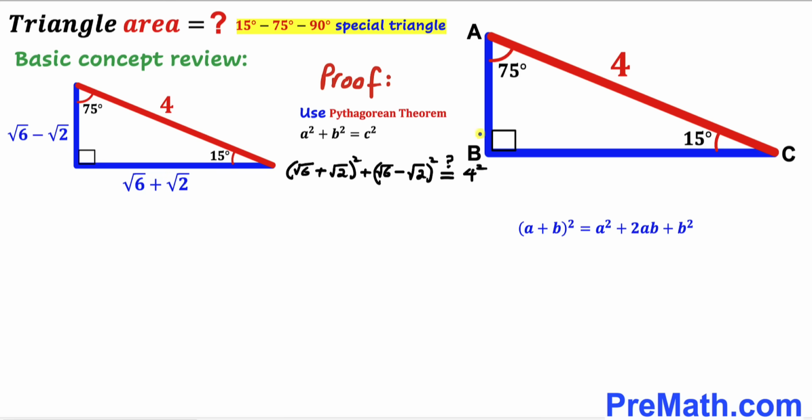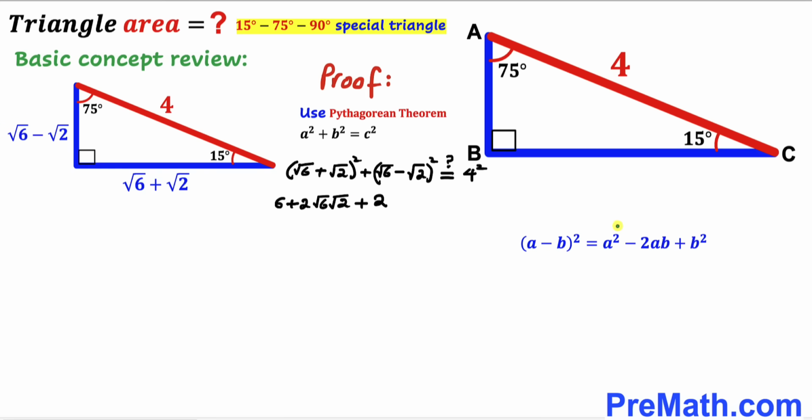Now let's recall this famous identity: a plus b whole square could be written as a square plus 2 times ab plus b square. We are going to apply it on this binomial. So this is going to give us 6 plus 2 times square root of 6 times square root of 2, plus 2.